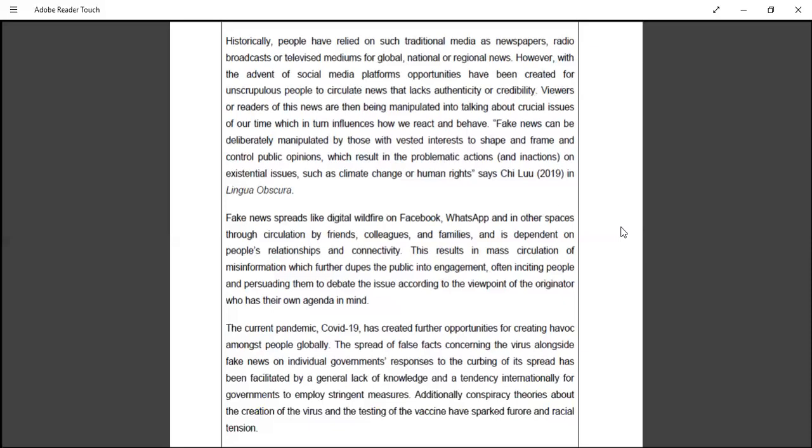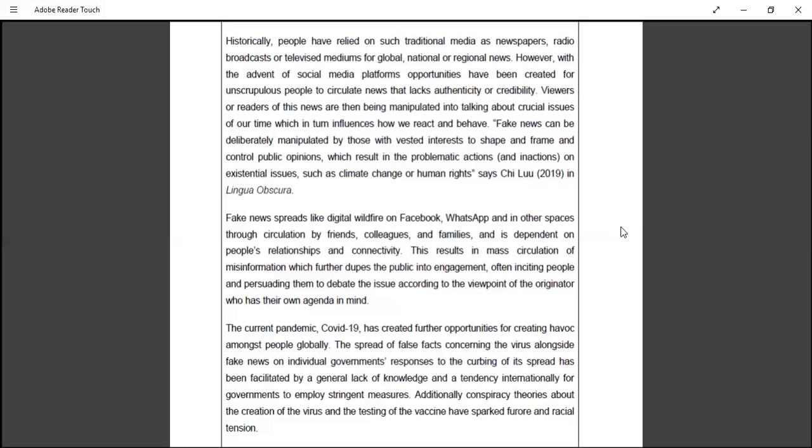Fake news can be deliberately manipulated by those with vested interest to shape and frame and control public opinions, which result in the problematic actions and inactions, obviously, on existential issues such as climate change or human rights. That is Chilu in 2009.